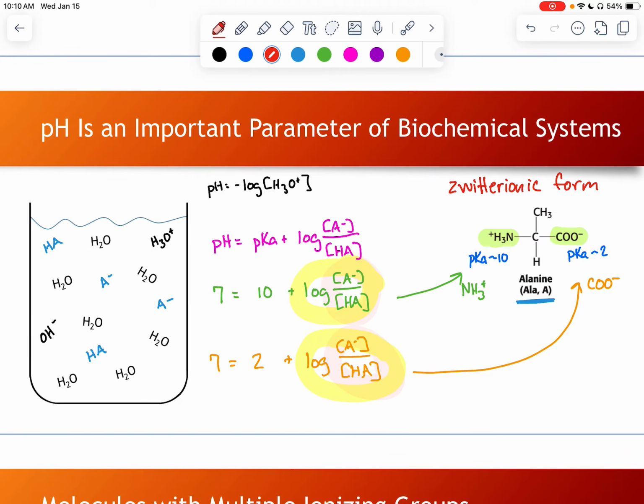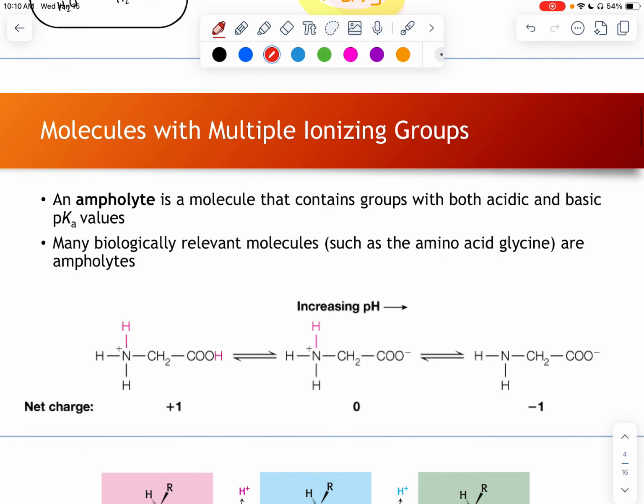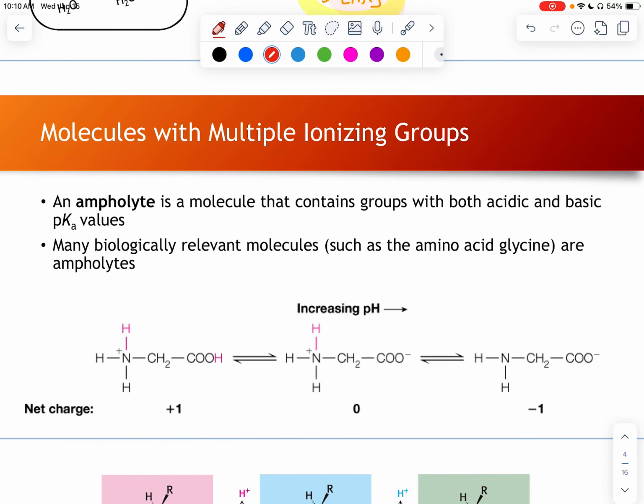So that would be this case because we've got a +1, a -1, so we get overall neutral. All right, let's take a look. Couple more terms. Okay, so ampholyte, something that has both acidic and basic pKa values, and this is most biologically relevant molecules.